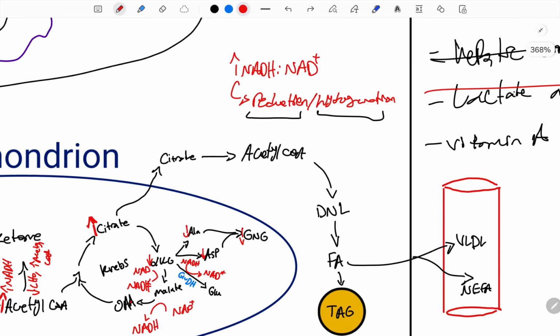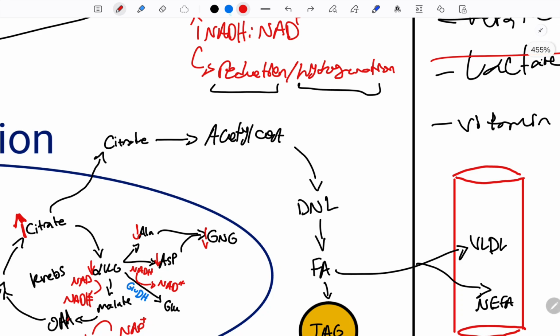And honestly, if you've stuck this far, I might as well just tell you all the other things that occur here. So when the citrate comes out, it turns into acetyl-CoA, but it also regenerates oxaloacetate, and the enzyme there is called citrate lyase. And before going into de novo lipid synthesis, the acetyl-CoA must be turned into something called malonyl-CoA.